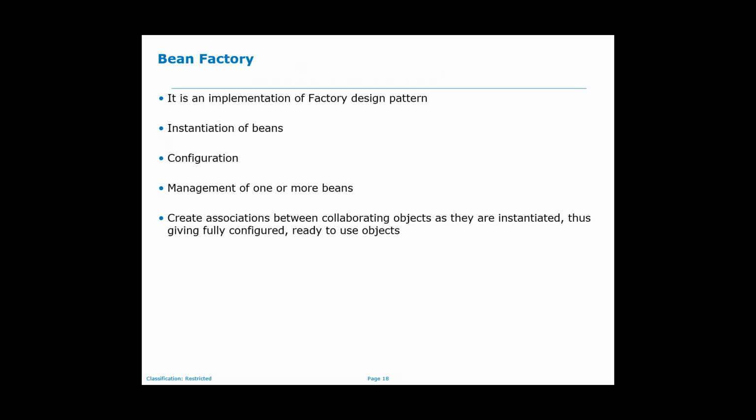It is an implementation of the factory design pattern, handling instantiation, configuration, and management of one or more beans, and creating associations between the collaborating objects as they are instantiated, thus giving fully configured, ready to use objects.